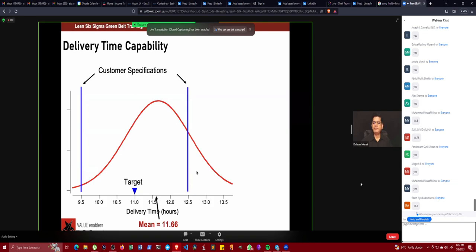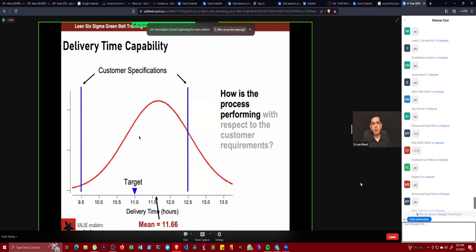We call it the specification limit. So the question is how this process is performing with respect to customer requirements. The mean is 11.66 here, to be precise. All of you judged it as 11.7.